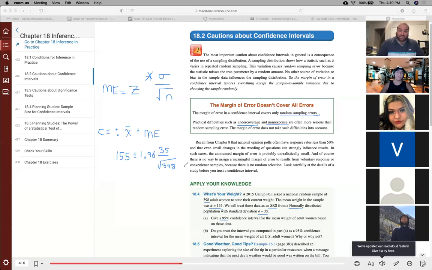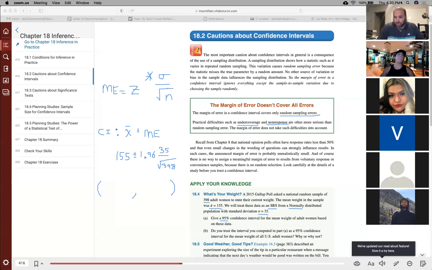So that is my confidence interval, 155 plus or minus the margin of error. Of course, normally we like to do a confidence interval as an interval. So we want the left edge of the interval and the right edge of the interval. How do I find the left edge? You minus it.